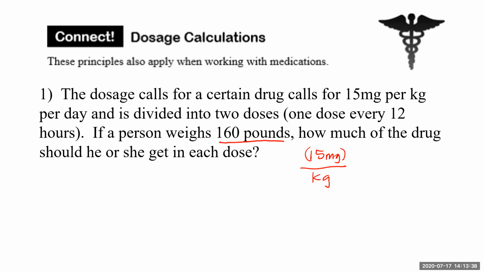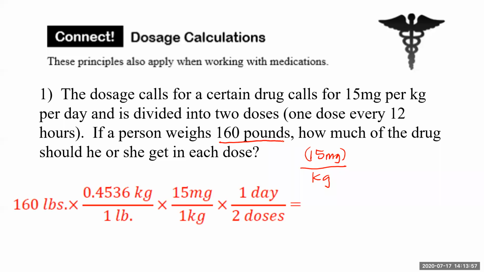Is that okay? We are still using the formula sheet on pages 2 through 5. The third table under weight says 1 pound is approximately 0.4536 kg. So if you have 160 pounds, you multiply by that.